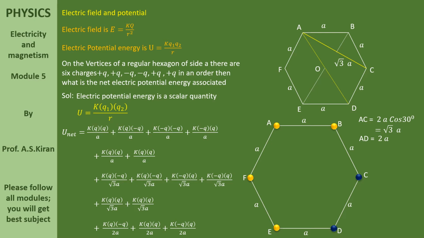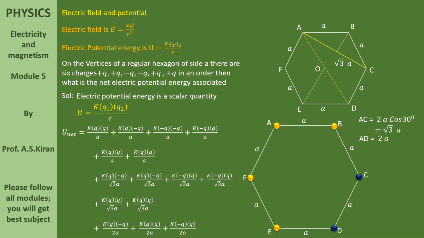Similarly, for B and C, the energy associated is KQ into minus Q by A. As usual, you can take minus Q because it is a simple calculation. No vectorial representation, nothing. It is a scalar summation. You can follow only the numericals. That is KQ minus Q by A with respect to BC, isn't it? Now, CD.